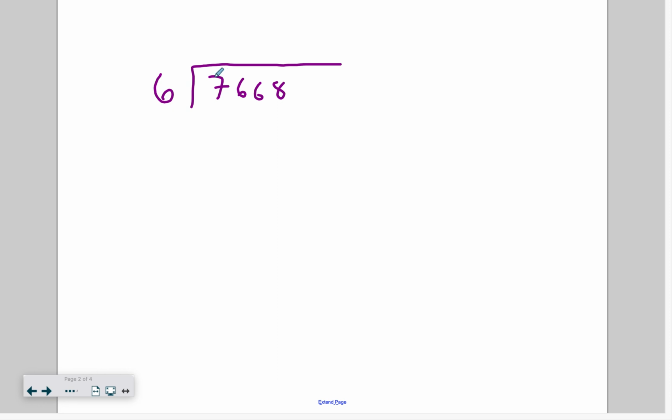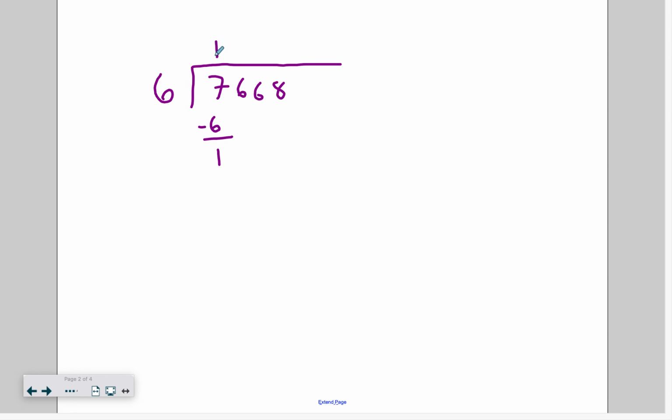Instead, what we do is we go through digit by digit. So we'll say, how many times can I subtract 6 from 7? Once. Okay. And then we multiply these two things. 1 times 6 is 6, and subtract the bottom from the top, which will give us the answer of 1. Now, let me break down what's actually happening.